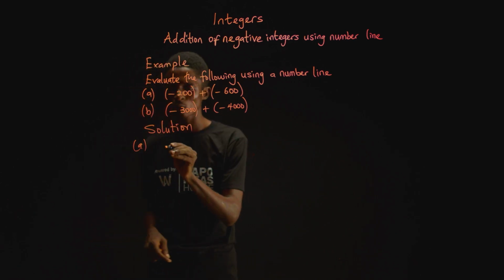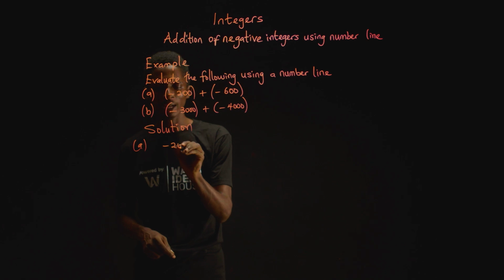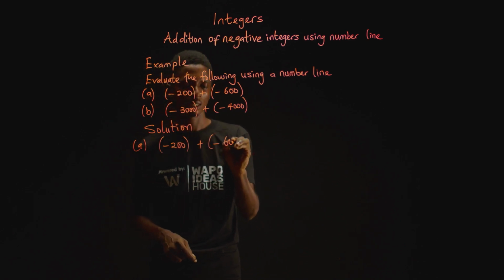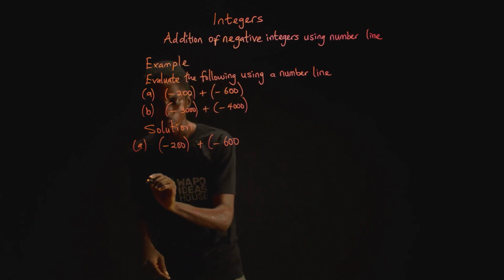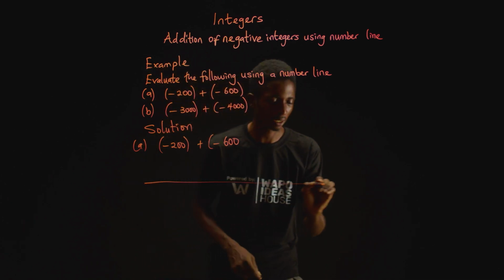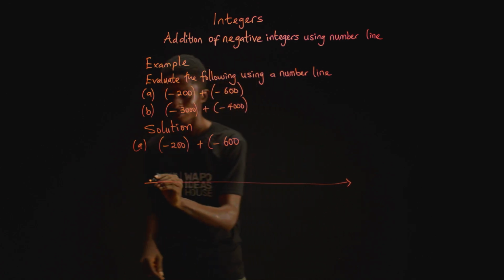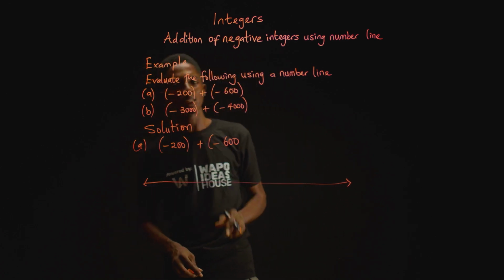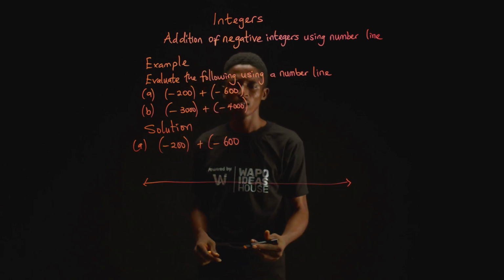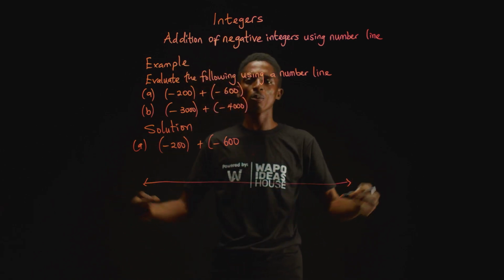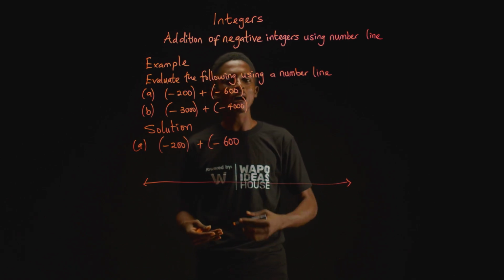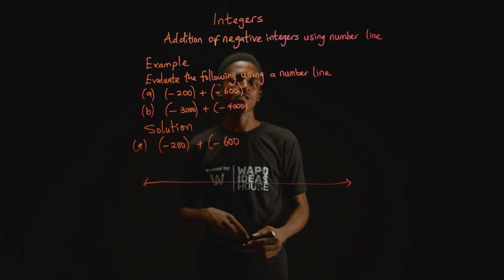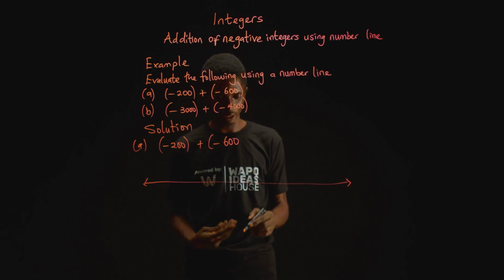For the A part, we are to perform minus 200 plus minus 600. Then we draw our number line. As you can see, the numbers we are working with are in hundreds. So in order for this line to accommodate this, we can do our number line in regular intervals where one step represents 100.